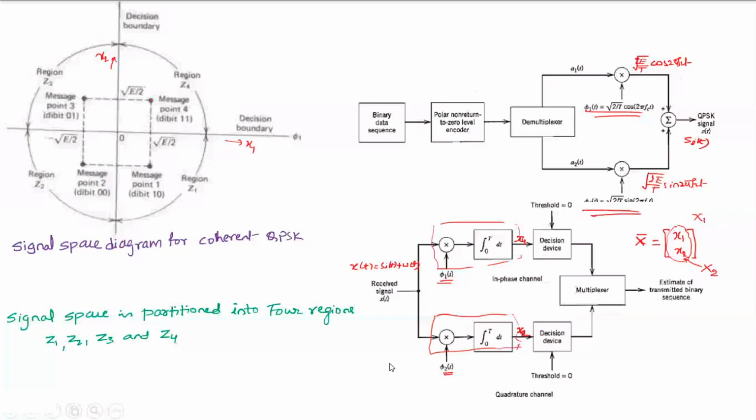For a vector to be decided as 1 1, x1 must be greater than 0 and x2 must be greater than 0. Then only we can say the observation vector is inside region Z1, Z4, and it belongs to symbol 1 1. Okay, any doubts here?